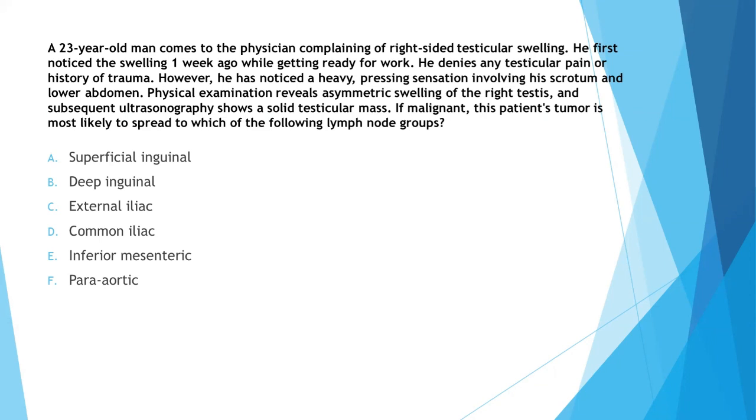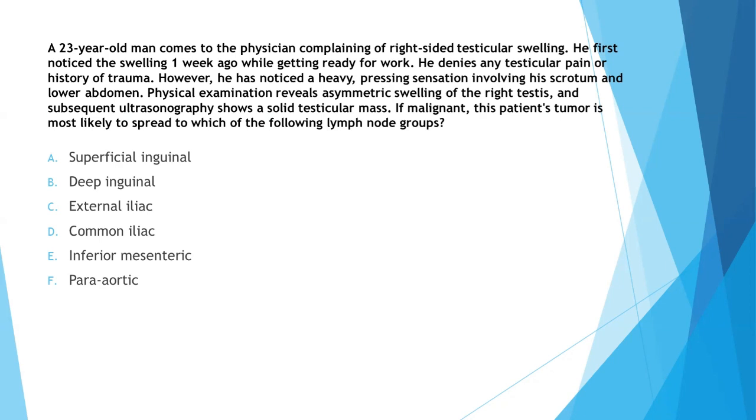So here we have a 23-year-old man who comes to the physician complaining of right-sided testicular swelling. He first noticed the swelling 1 week ago while getting ready for work. He denies any testicular pain or history of trauma. However, he has noticed a heavy pressing sensation involving his scrotum and lower abdomen.